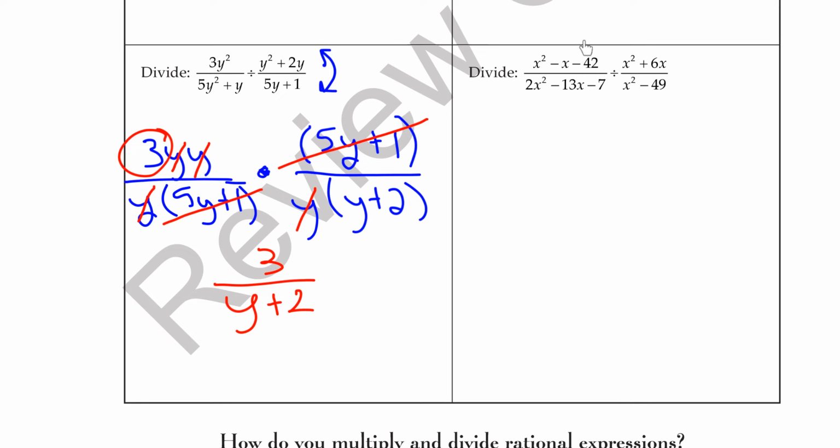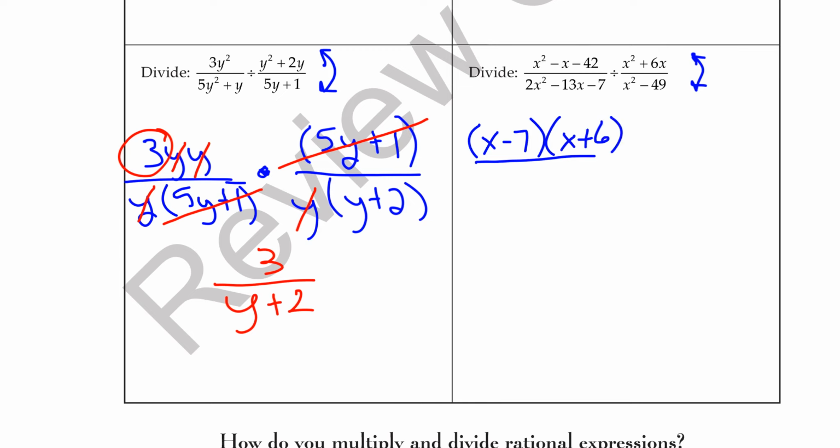All right, let's go over here to this one. Got a lot of factoring going on here. And I'm going to remember to make my little arrows so I don't forget to flip that one. Okay, this numerator, x squared minus x minus 42, will factor to x minus 7, x plus 6.